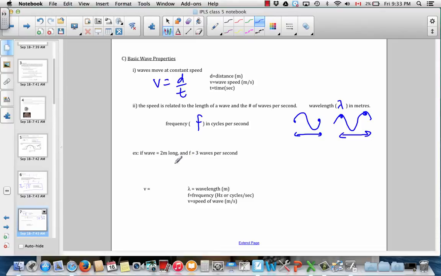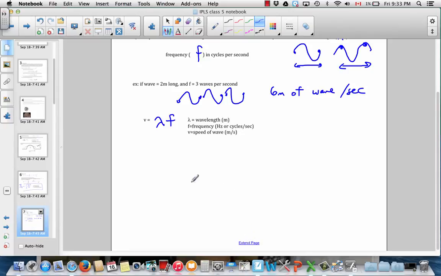Just imagine the following thought experiment. Let's say we have 3 waves per second, so 3 waves each second, but each of these waves is 2 meters long. So in 1 second, you have 2 meters, 2 meters, 2 meters. You have 6 meters of wave per second. Well, of course, that's the velocity. So this suggests that the velocity of the wave is equal to the product of wavelength and frequency.